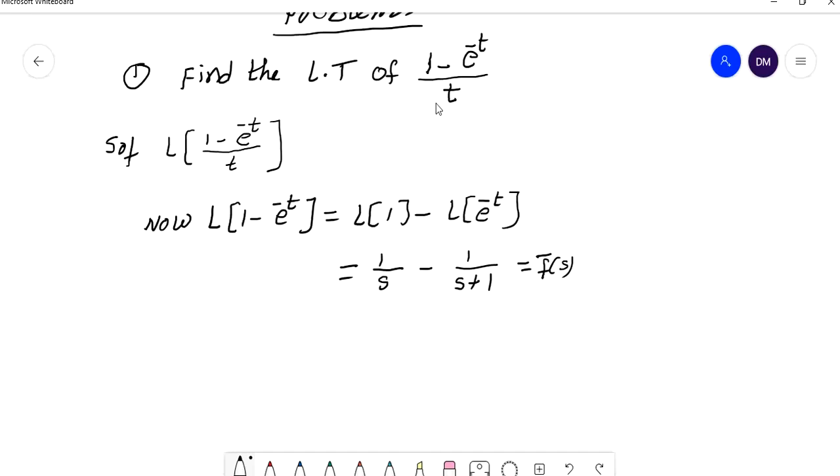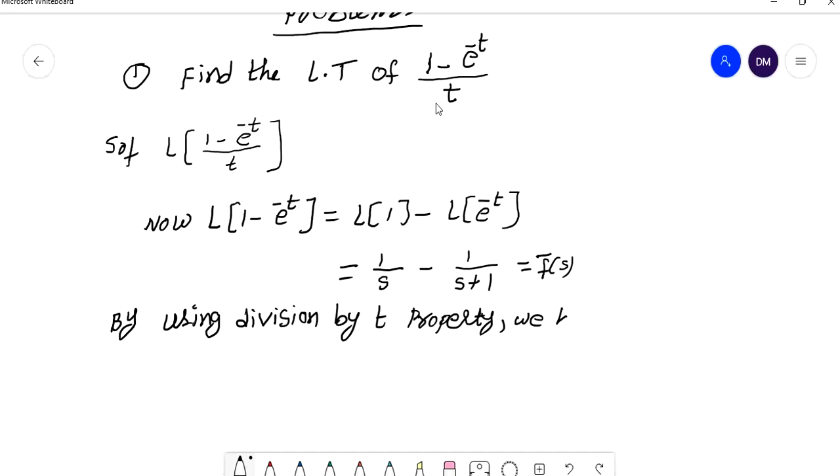Now by using the division by t property, we have L of f of t by t is equal to integral s to infinity f bar of s ds.